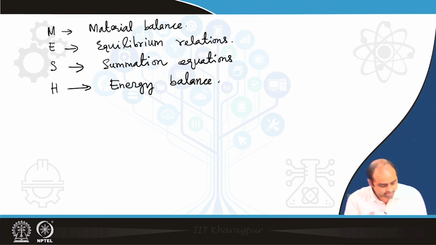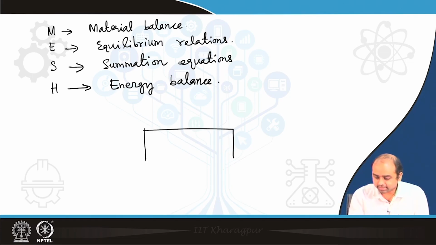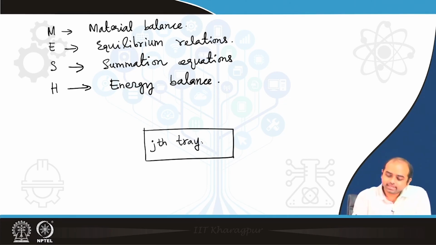So let us first have a good schematic of a tray. Let us call this the jth tray. The idea is that any stream which is leaving the tray will have the indices in the form of subscript for that particular j.